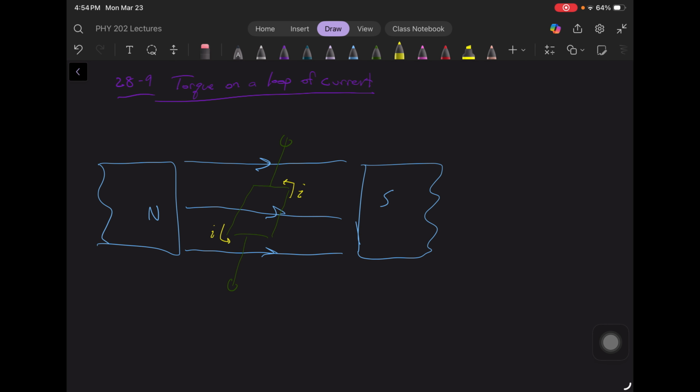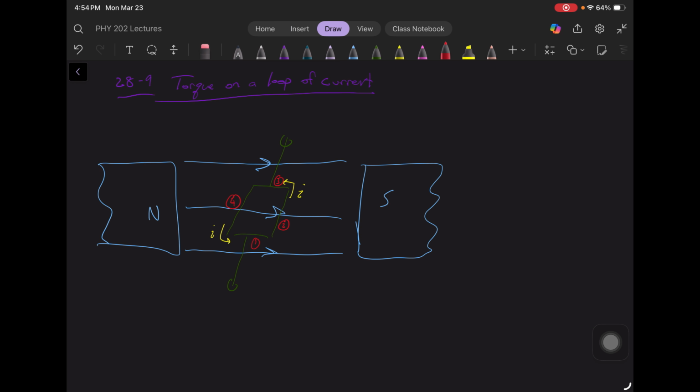All right, and let's try to see what the force is going to be. I'm going to label these 1, 2, 3, and 4, with the idea that if we can find the force on all 4 sections of wire, then we can find the total force and torque on the wire.